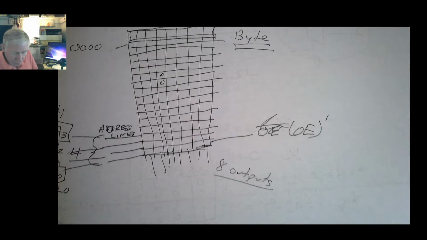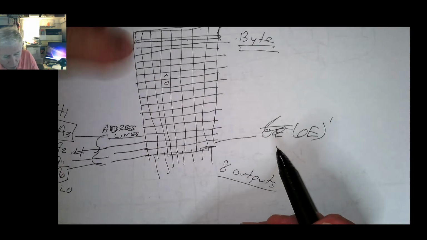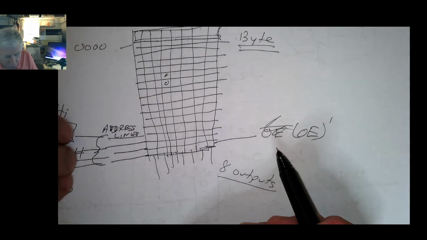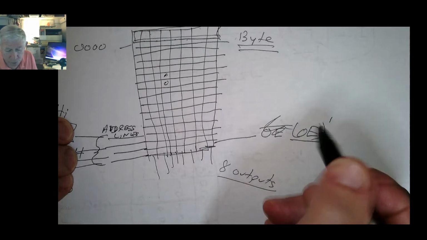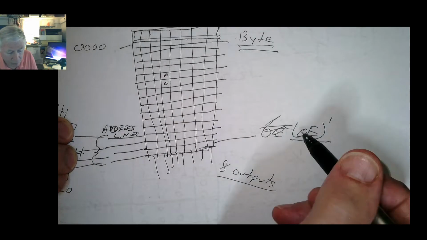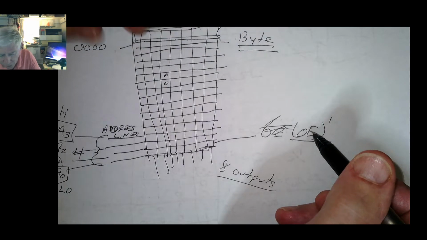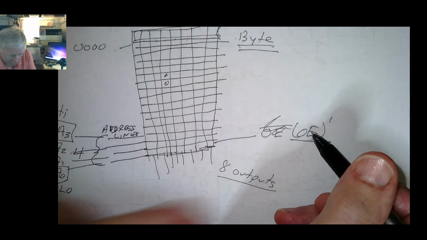Okay, so the address lines address one of the rows, and as soon as the address lines address that row, if the output enable is active, which usually means it's 0, then the contents of that row come out. However many columns, in this case we had 8 bits, so the 8 bits come out as 8 outputs.